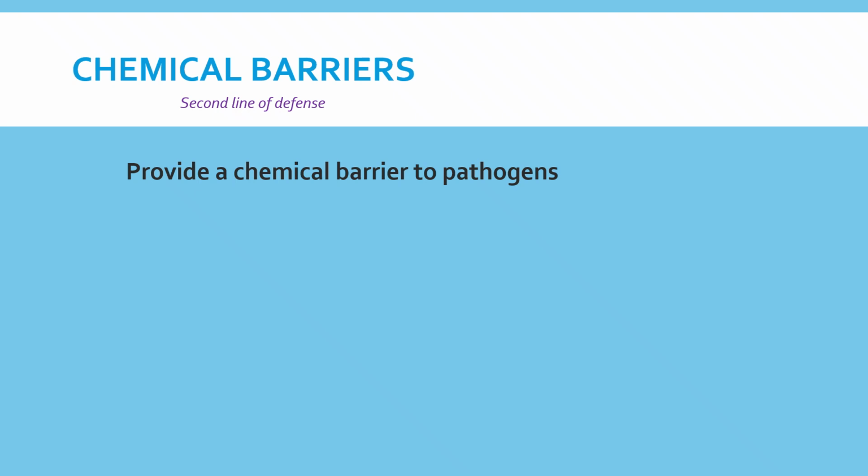All right, so chemical barriers are going to provide a chemical barrier to pathogens, okay? They include enzymes such as pepsin. Pepsin is in our stomach and our gastric juice, and it can destroy microorganisms, okay? Tears have lysozymes that can destroy microorganisms as well.